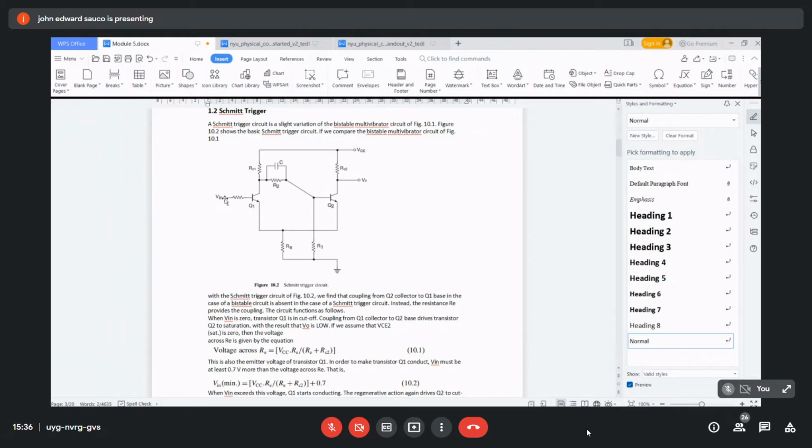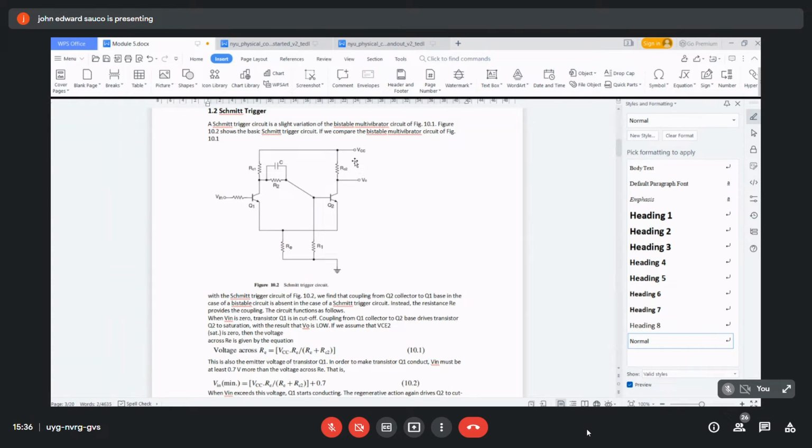Since Q1 is cut off, it is an open circuit, so VCC goes to the base of Q2, which saturates it, with the result that VO is low. It is saturated, so it is like a short circuit going down.